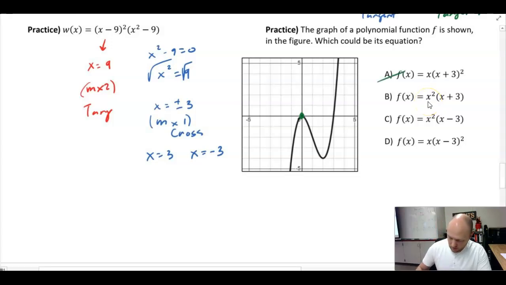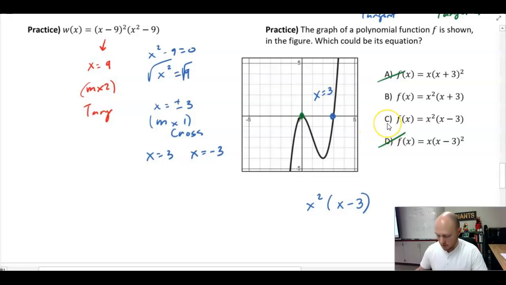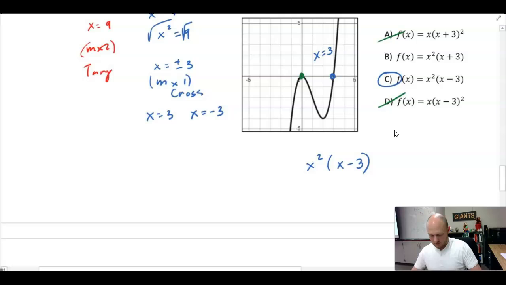Those are looking good. And then I have a zero here at x equals 3. So that factor is going to be x minus 3. So our answer is C.